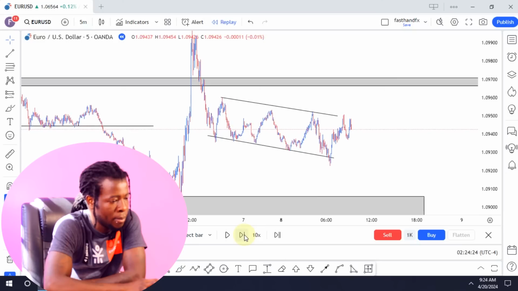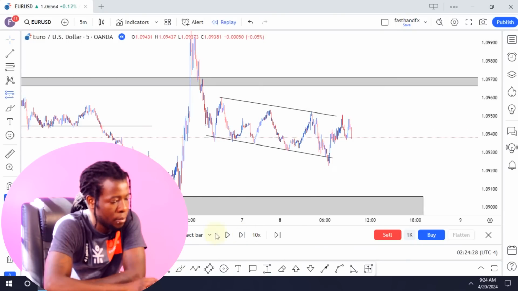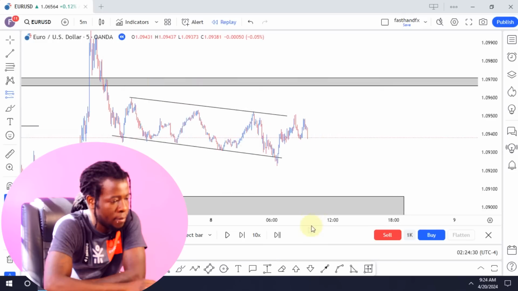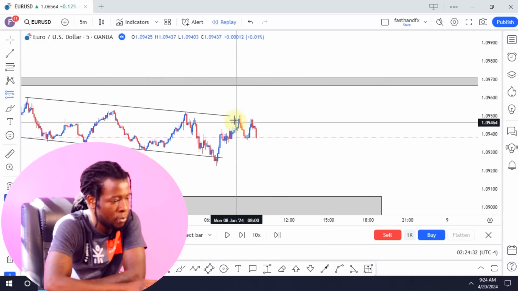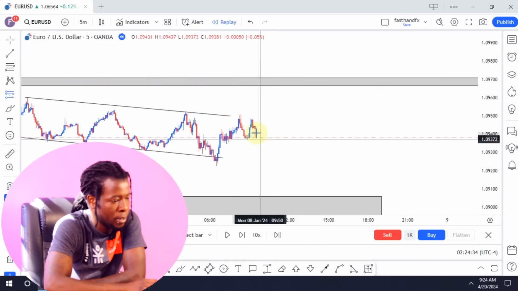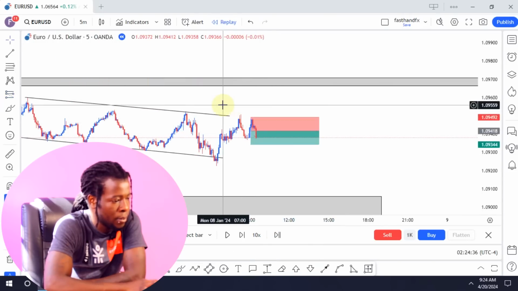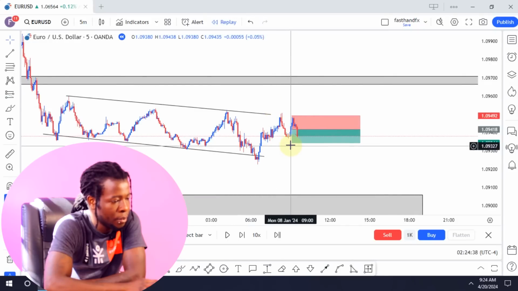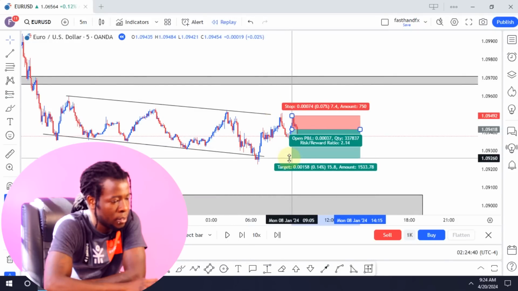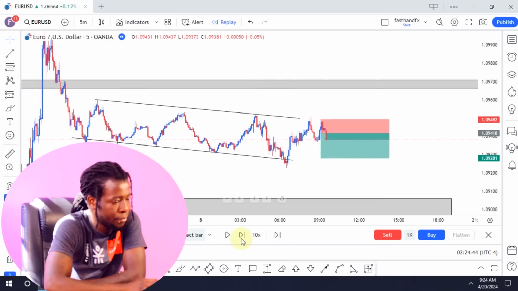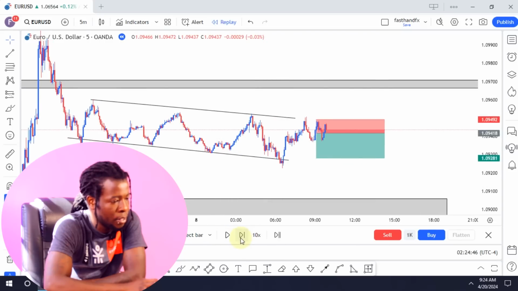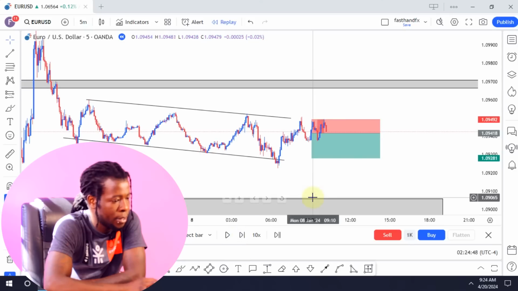Go up. Okay, let's see if we can have a good sell position. I don't know if we should call this a double top, probably something like that. Let's see. Okay, yeah, that was not a double top.